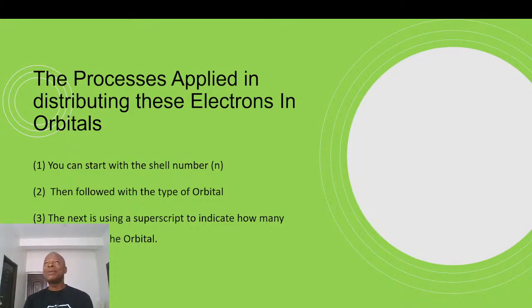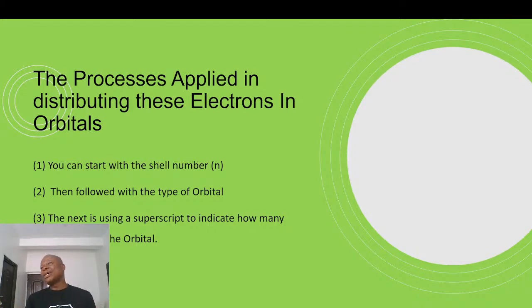Remember that each shell has a different radius from the other. The distance from the K shell, L shell and M shell differs.